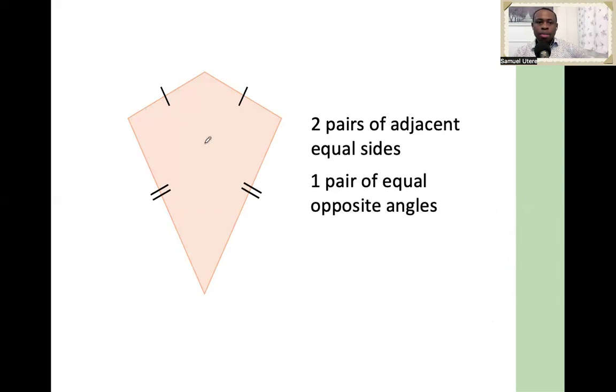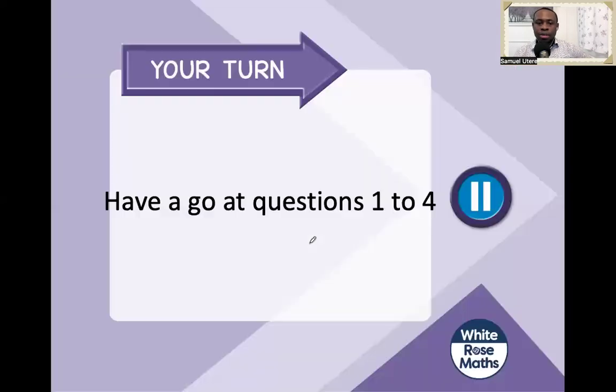So the angles here and the angles here. And these are the angles. And you can see, just to repeat, the other pair of adjacent equal sides. So this pair and that pair. That is called a kite. All right. So a kite has all these properties.